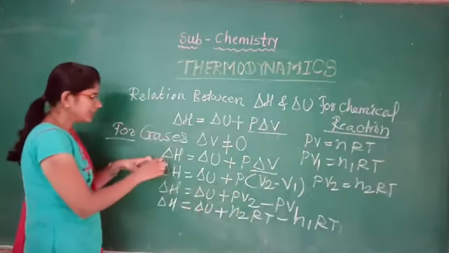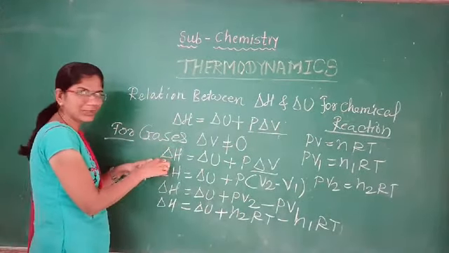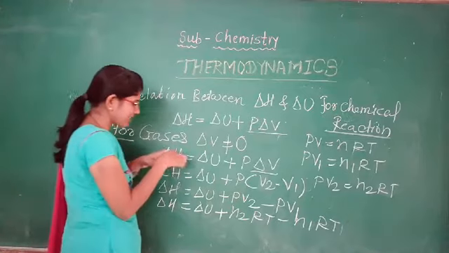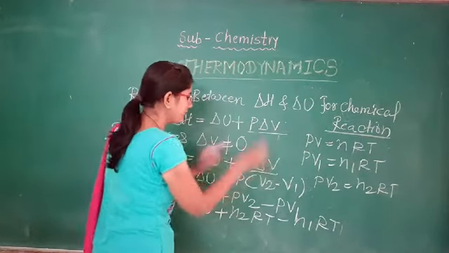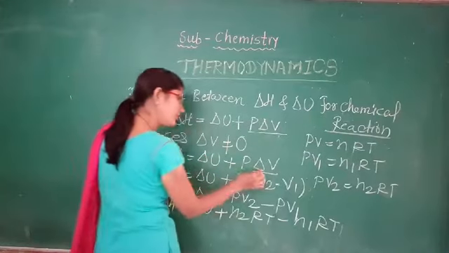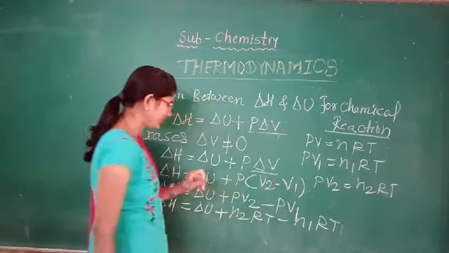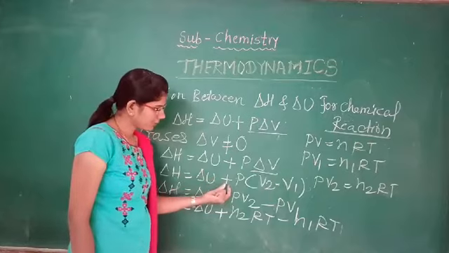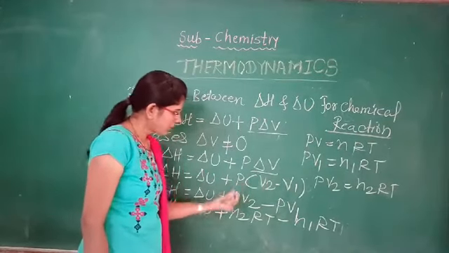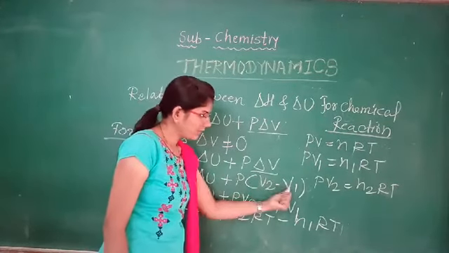So here the expression of enthalpy change we can write as delta H, which is equal to delta U plus P delta V. If we put the value of delta V in this equation, then it becomes delta H equal to delta U plus PV2 minus PV1.